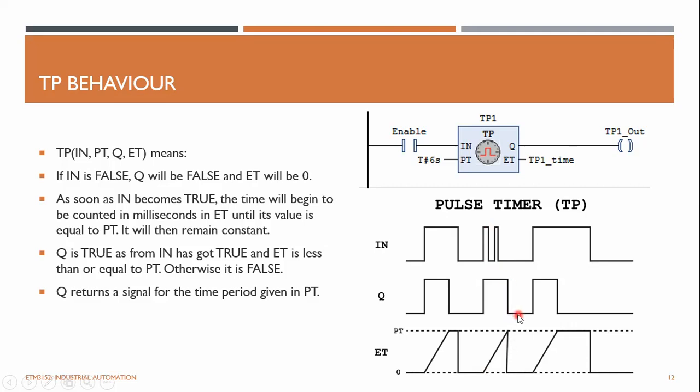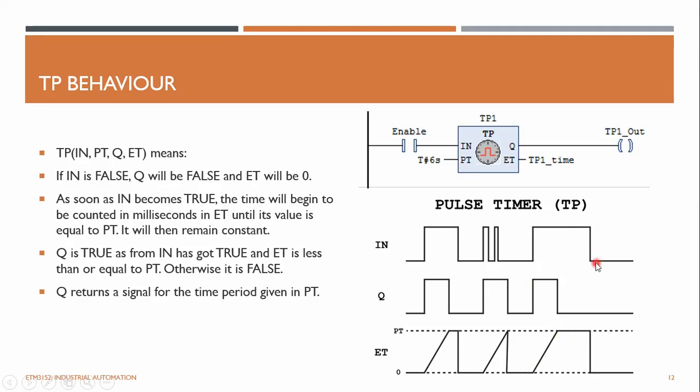When the output is zero, the elapsed time goes to zero too, because the enable is at zero. In this example, you just set the input high, the output goes high, the elapsed time starts counting, your input stays high, and when it reaches the preset time, the output goes to zero and the elapsed time remains the same.